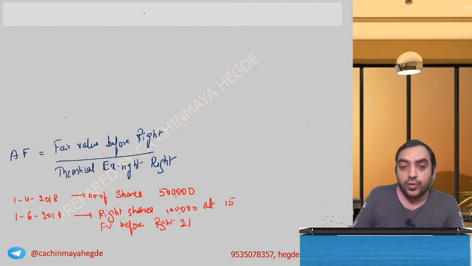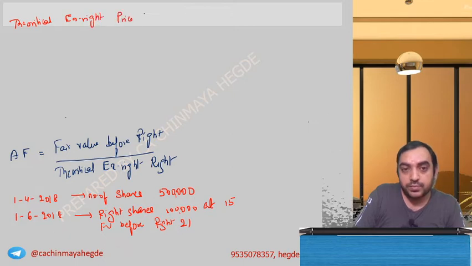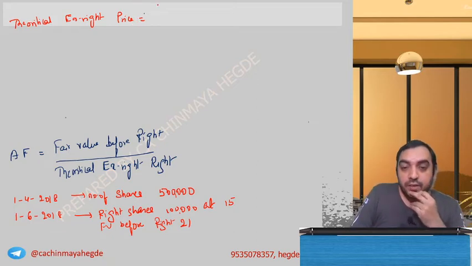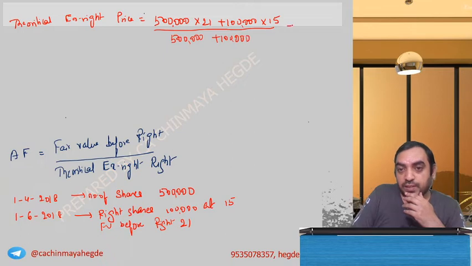So, what is going to be the theoretical ex-right price here? We had 5 lakh shares, fair value was 21. We issued 1 lakh shares at 15 rupees. So total net worth is numerator, divided by denominator total number of shares, 5 lakh shares plus 1 lakh, total 6 lakh shares. Please compute this.